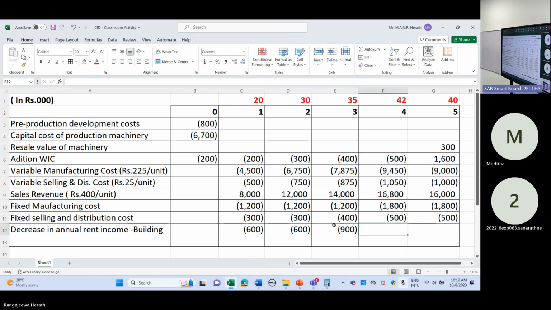We are losing 75,000 monthly, 75 into 12 months, 900,000. But in the fourth year, output is 42,000, and in the fifth year, 40,000. It exceeds 40, so we need the full building. So we are losing the entire rent income, 100 per month, into 12 months, 1,200 is the opportunity cost.